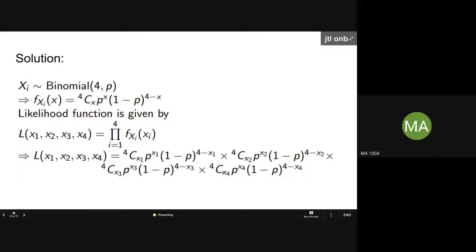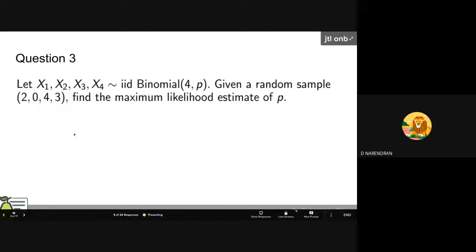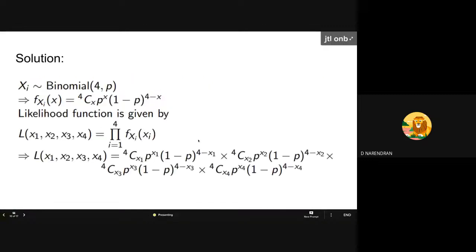The last one is 3: 4C3 into p power 3 (1 minus p) whole power 4 minus 3, which is 1. Okay, so the third one is 4 and the fourth one is 3.